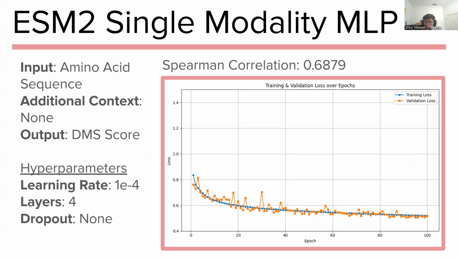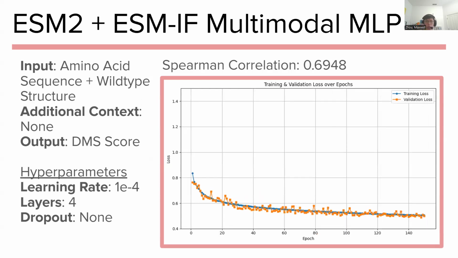Then we decided to look at whether we could implement more information into our model. We used ESM2 and ESM-if, so we added a structure for the wild type, the original protein sequence, as additional information given to the MLP.